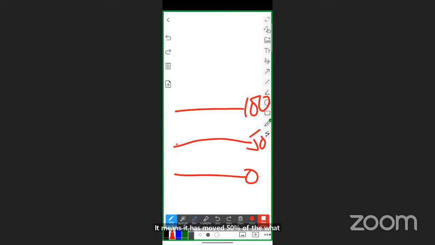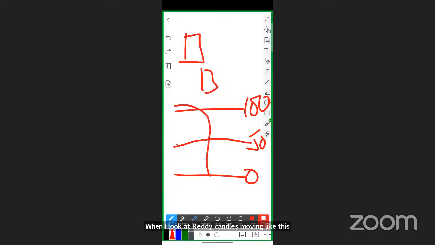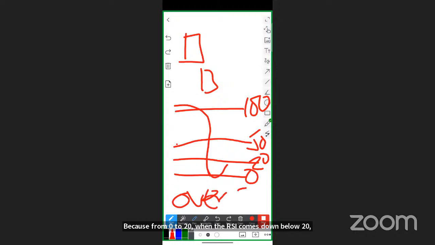So when I look at red candles moving like this, then I find the RSI either at 0 or above 0. Because from 0 to 20, when the RSI comes down below 20, it means this coin has been oversold.